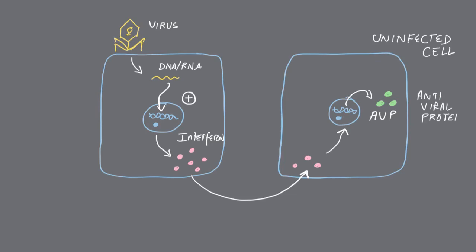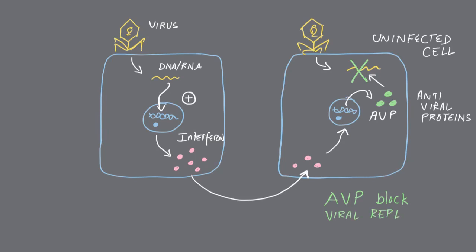These antiviral proteins are like little weapons that are ready for a viral invasion. When the virus actually arrives and introduces its DNA or RNA, AVP blocks viral replication. If viruses cannot multiply, they cannot survive. So the AVP blocks the viral replication and basically stops viral infection.